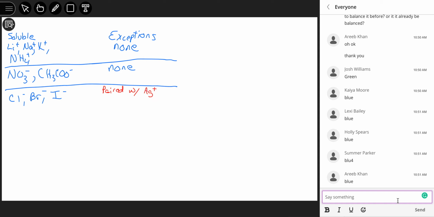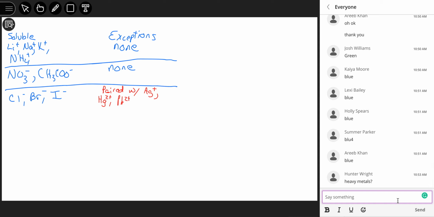If you pair it with silver, mercury, lead, then it would be insoluble. Yeah, the heavier metals.